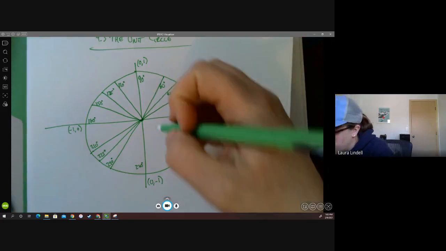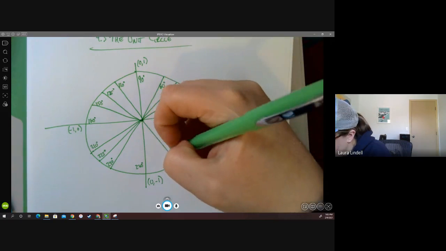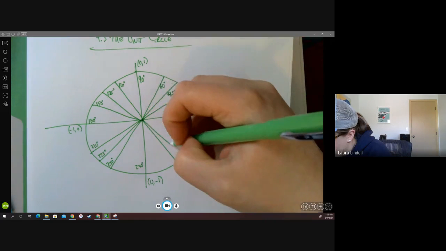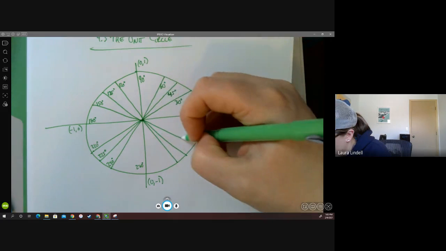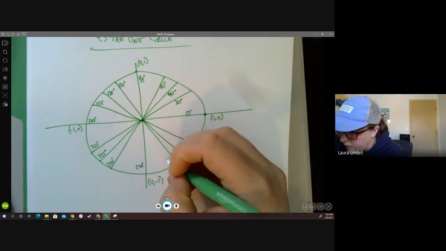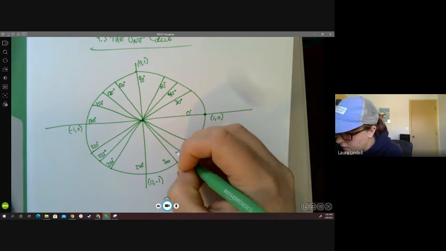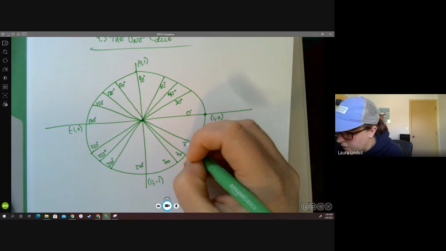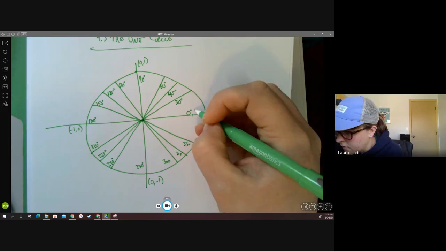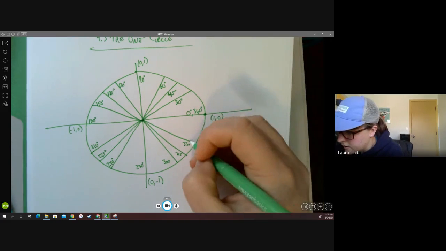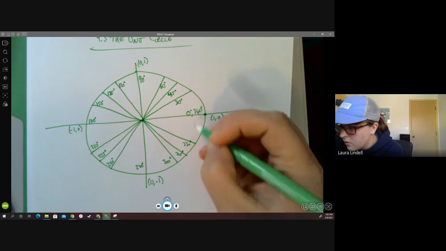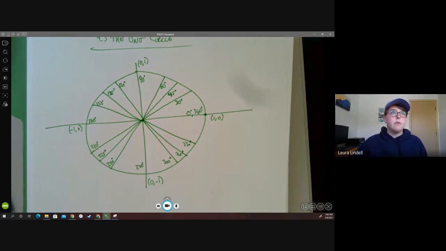And then our last quadrant: 300, 315, 330, 360. So 0 and 360 reside in the same location here.